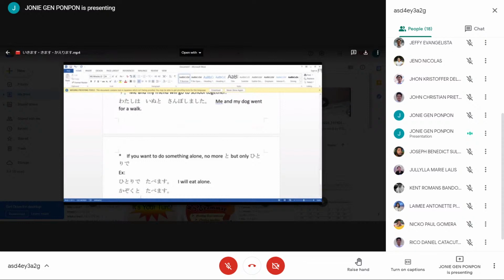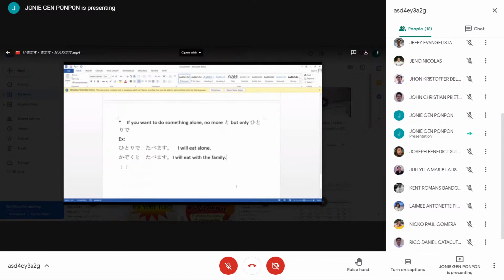Hitori de tabemasu and kazoku to tabemasu is I will eat with family. So that's the difference. No more to pag alone, but you will use hitori de. But if you want to do something together, if you want to do something with someone, okay, so you will use the to. Okay, so that's the difference.